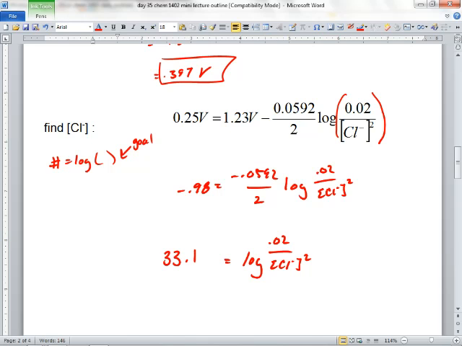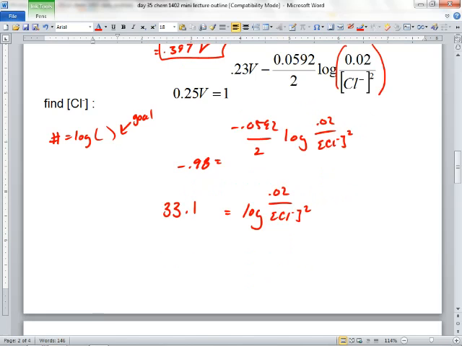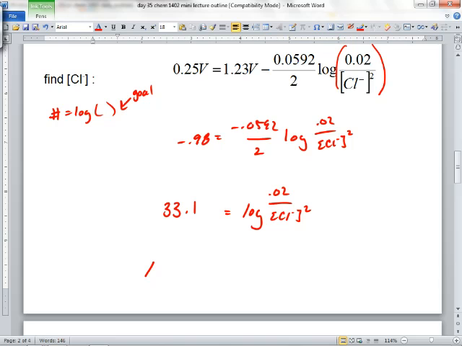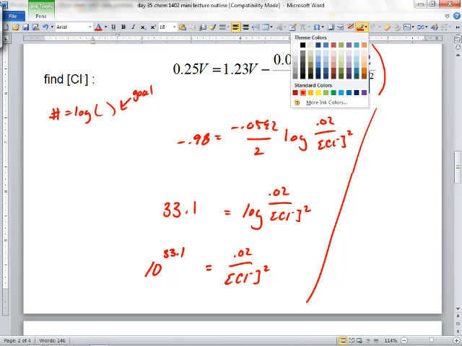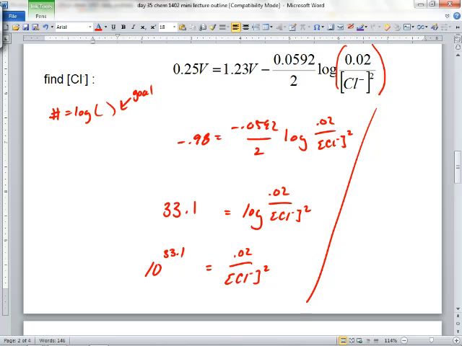I picked some really bad numbers here, that's for sure. That's okay. I just made this up. I should have made the numbers smaller. Now you got to raise both sides to the 10, right? The numbers aren't really making a whole lot of sense, but that's the math, what's important. 10 to the 33.1. Hope I don't get an error message, do I? Oh, good, I don't. Okay.